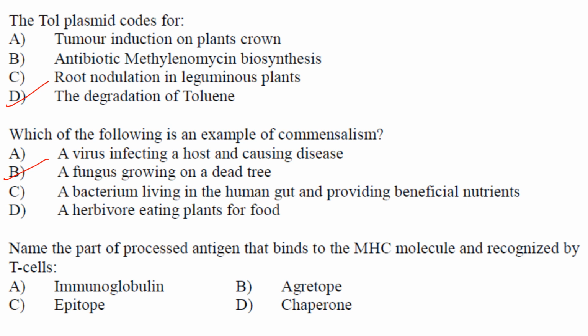Then next one. Name the part of processed antigen that binds to the MHC molecule and is recognized by T cells. It is agretope. Now what is epitope? Epitope is a specific portion of the antigen to which antibodies bind. Immunoglobulins are IgG, M, A, E and D. Chaperones are involved in protein folding.